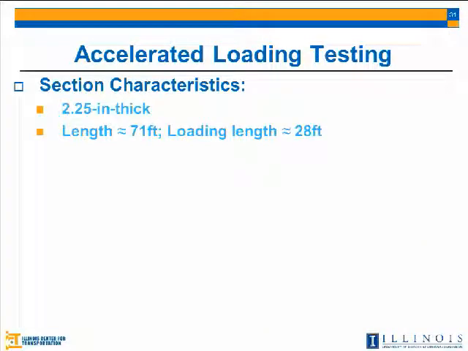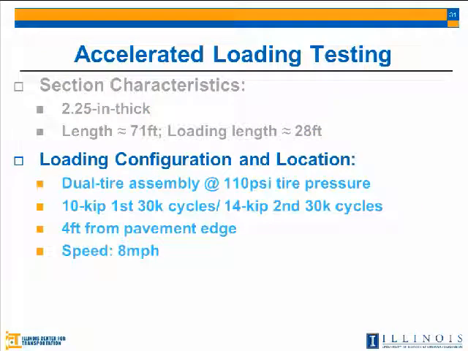So, as I mentioned earlier, 7 sections, 2.25 inches thickness, 71 feet long, 28 feet. From those, 28 feet were the loading area that we were interested in. The configuration and the location of the loading: we are using the double tire assembly at 110 psi tire pressure. For the first 30,000 cycles, we are using 10 kips, 14 kips for the next 30,000 cycles, so total 60,000 cycles.